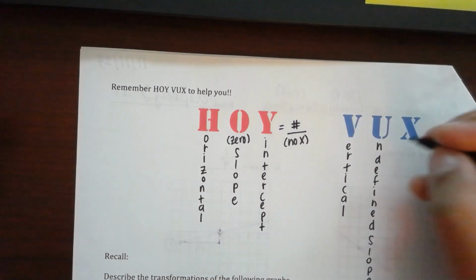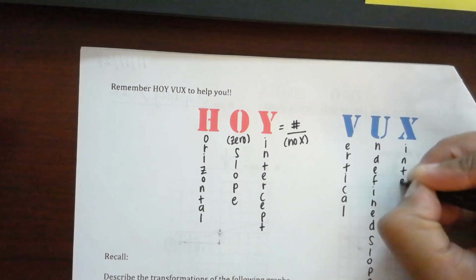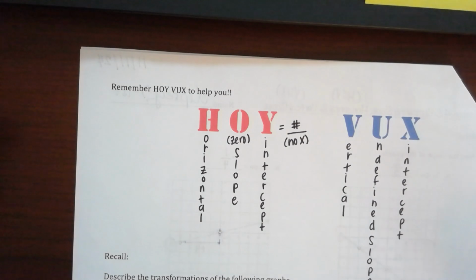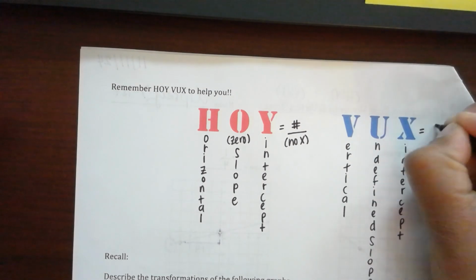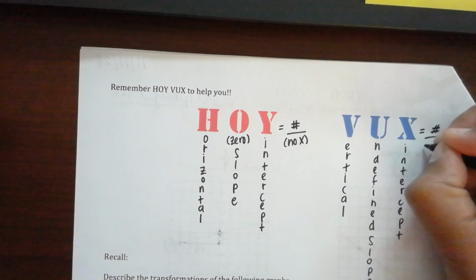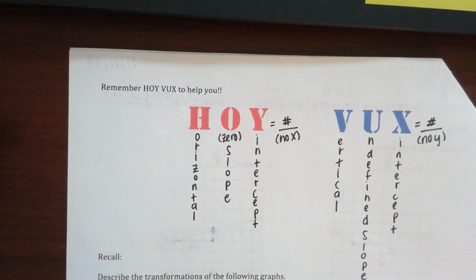And then X intercept. Bunch of smart cookies y'all are. Focus up here. It'll just be x equals a number.